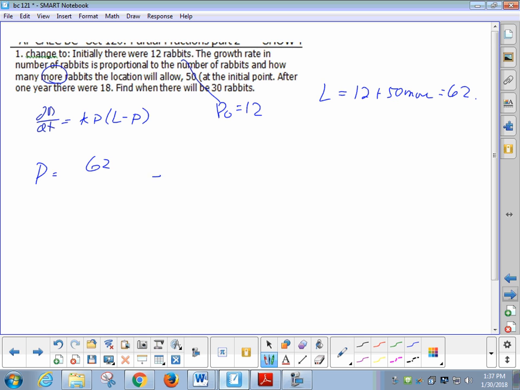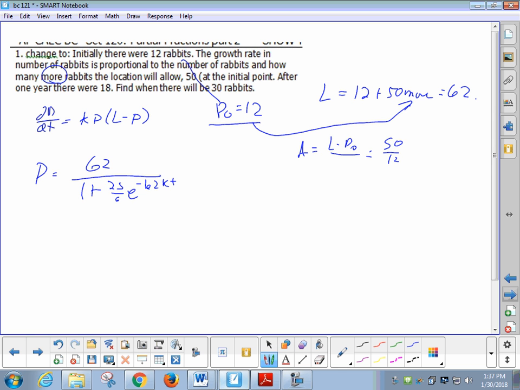So we're looking at 62 over 1 plus A e to the negative 62 kt. Does this and this allow you to find A? What's A? 50 over 12, yes. 62 minus 12 over 12, or 50 over 12, or if you like, 25/6. Are we cool? Just like exponential growth, you cannot find k without a second case.